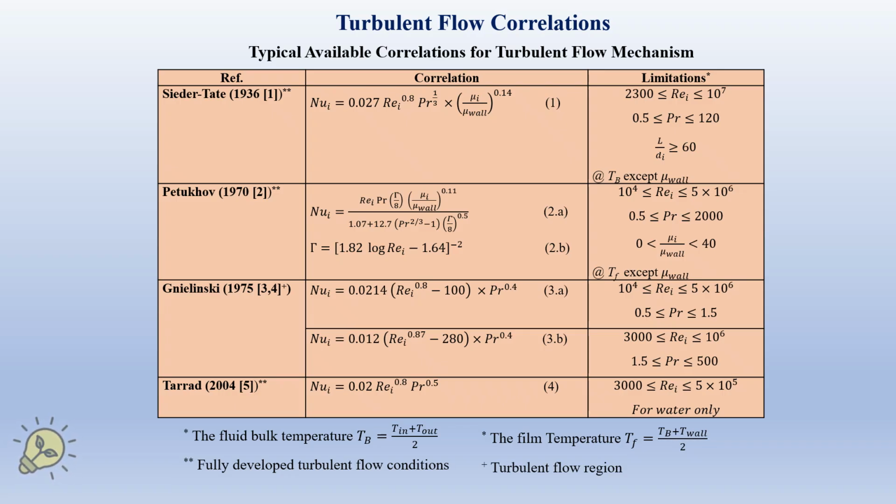Then we have Gnielinski, that is presented in equation 3a and 3b, depending on the range of Reynolds number. And finally, we have a Taraad correlation in a simple form, in fact, where Nusselt number is a function of Reynolds and Prandtl for water.